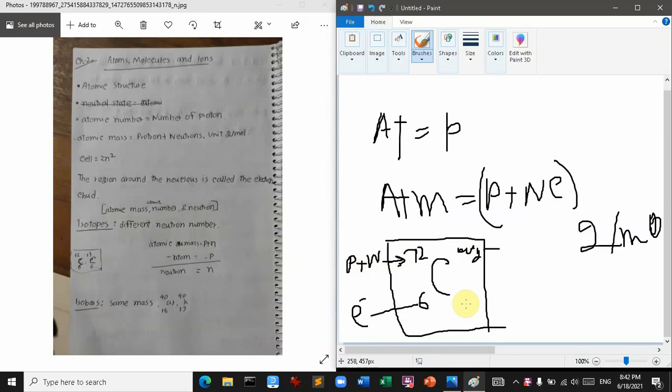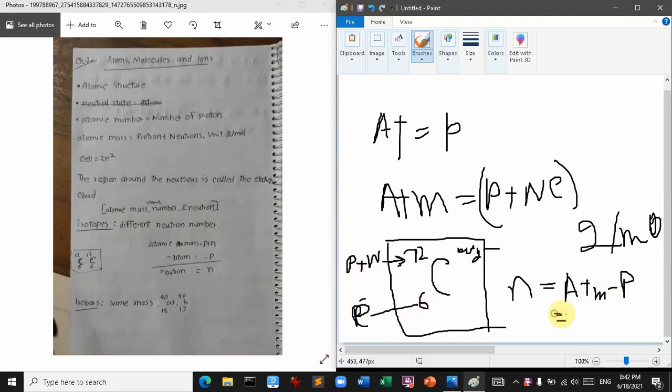protons. Yes, it's not the number of electrons, it's the number of protons. To find the neutron number, we have to subtract the number of protons from the atomic mass. That means this 6.